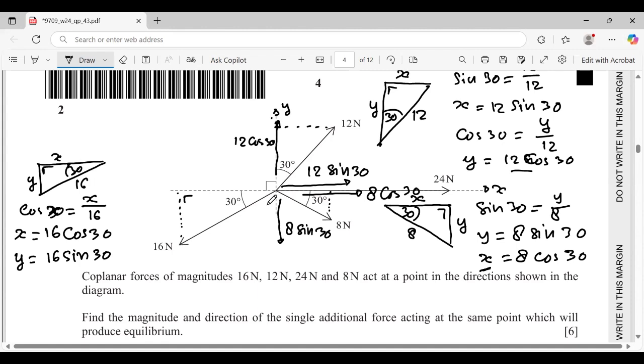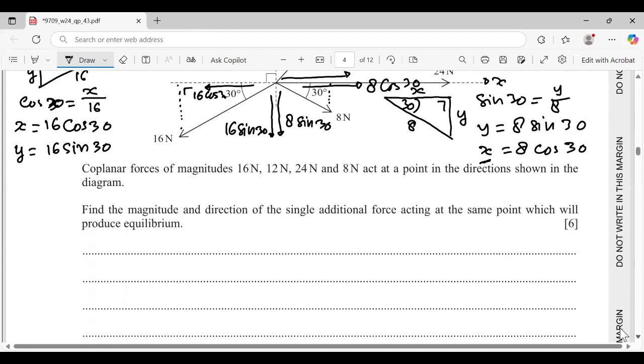According to this information, on the y-axis is 16 sine 30, and here is 16 cosine 30. Now we're going to find the forces acting on the x-axis and y-axis.